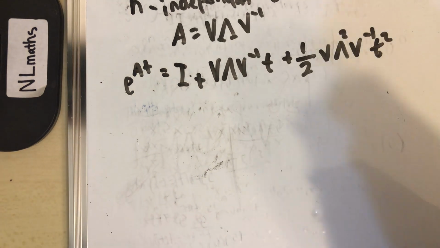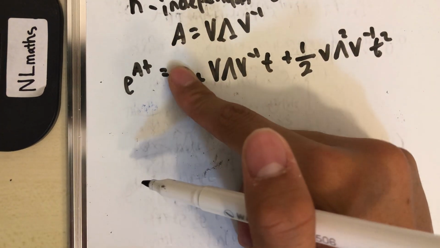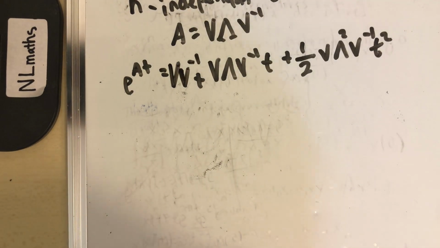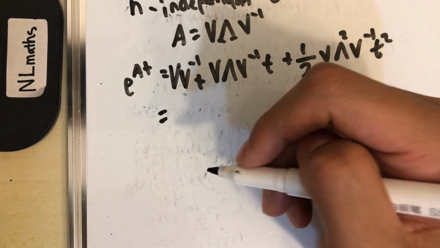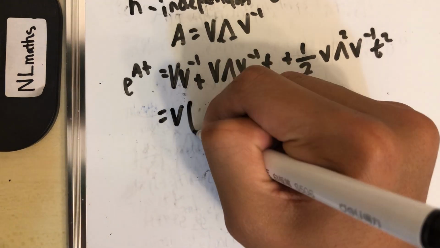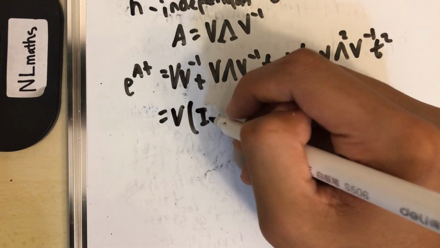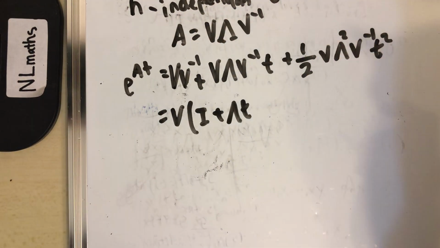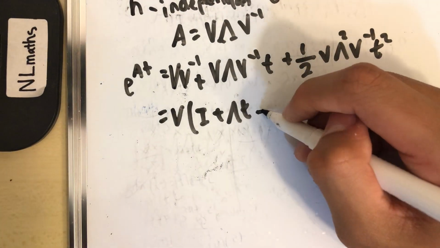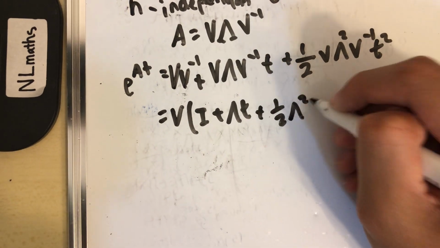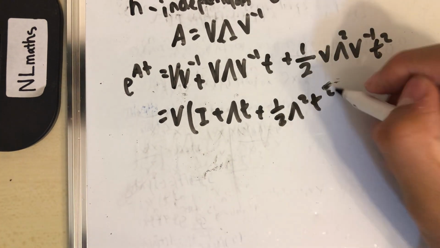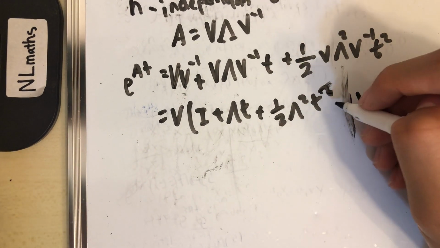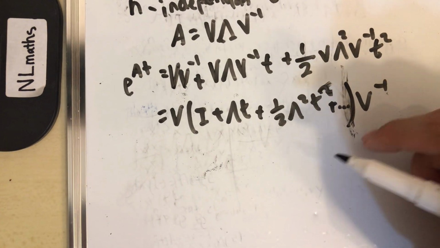Okay, so then a trick that I like is that identity is equal to V and V inverse. So I talked about that just now. So then we can factorize it, and we get V times the identity plus lambda t, because I'm going to take V and V inverse out, plus 1/2 lambda squared t squared plus dot dot dot, times V inverse.